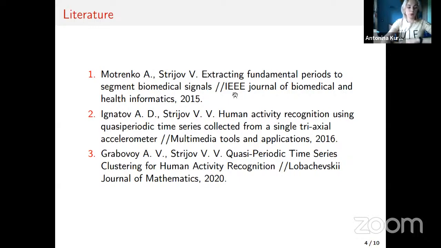And the last paper analyzes the periodic signals in the time series to recognize human activity by using a mobile accelerometer. Each point in the timeline corresponds to a segment of the historical time series. These segments form a phase trajectory in the phase space of human activity.